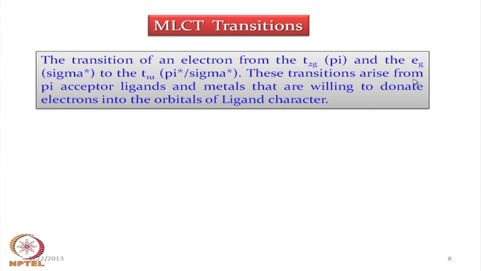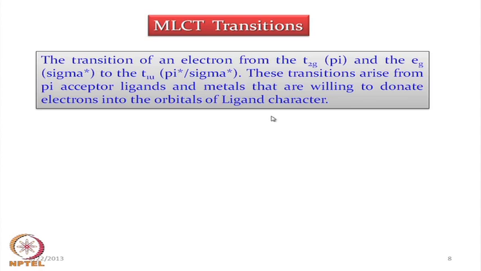So these transitions will arise from the pi acceptor ligands, and the metals are willing to donate electrons into orbitals which are of ligand character. That means they are of antibonding nature and of high energy, and the metal filled levels can donate those electrons for charge transfer transition.